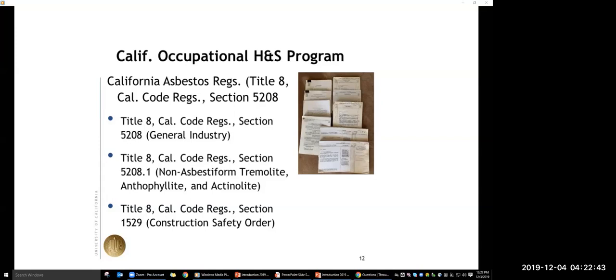A lot of the rulemaking was to incorporate the recently promulgated federal OSHA asbestos regulations, but we also wanted to keep California-specific requirements in the regulations. The PEL for the asbestos regulation would drop from 2 fibers per cc to 0.2 fibers per cc. It was over 1,000 pages of rulemaking, which I completed by November of 1987.